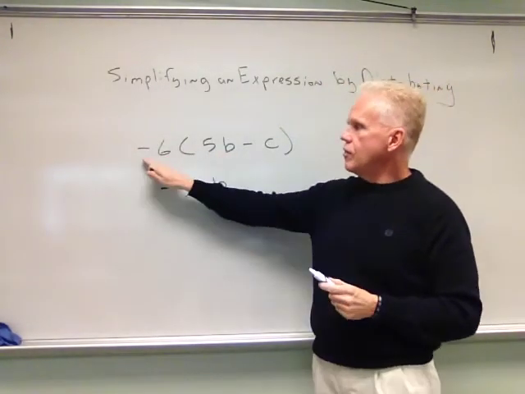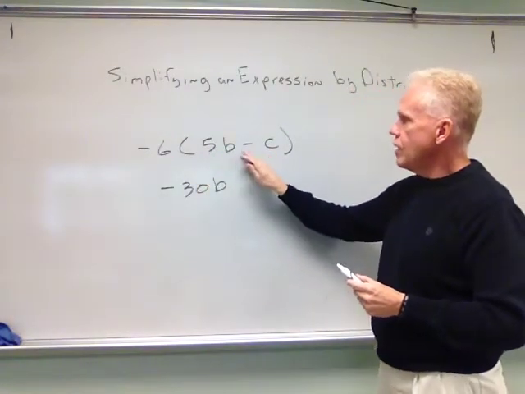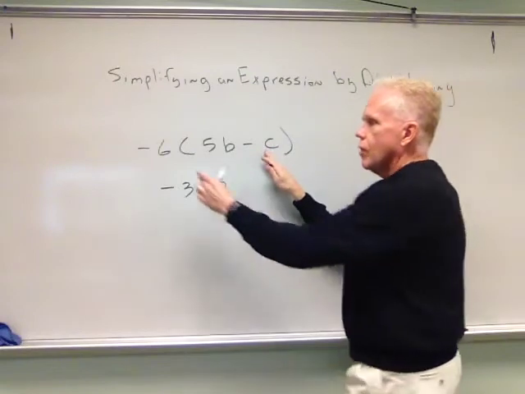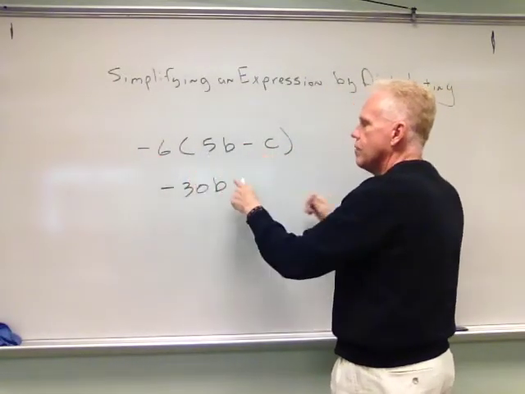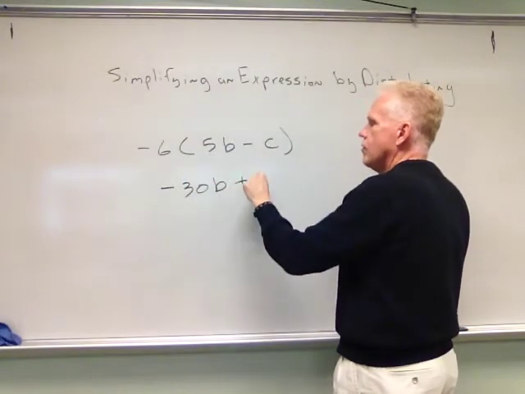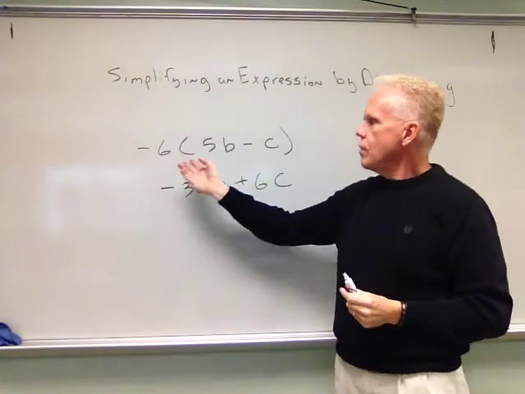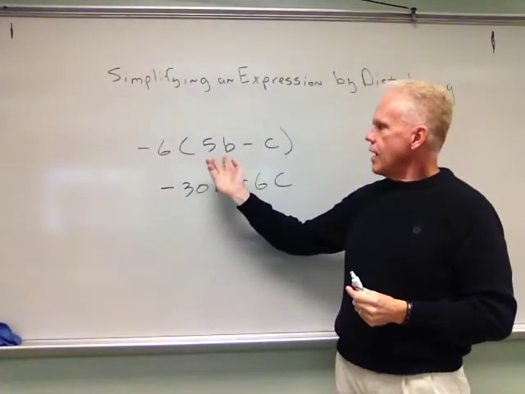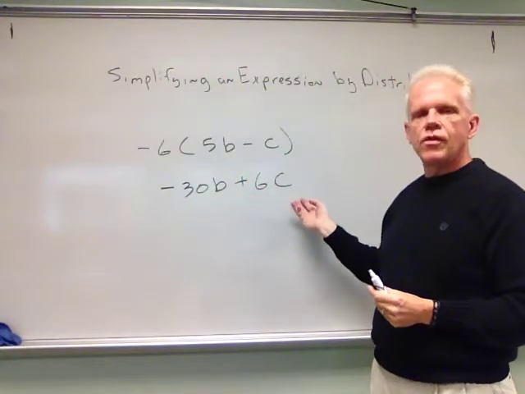My second piece is to take the negative 6 and multiply that now times not just c, but times negative c. So this negative 6 times that negative c, a negative times a negative, gets us a positive 6c. So negative 6 distributed through this parenthesis, 5b minus c, ends up being negative 30b plus 6c.